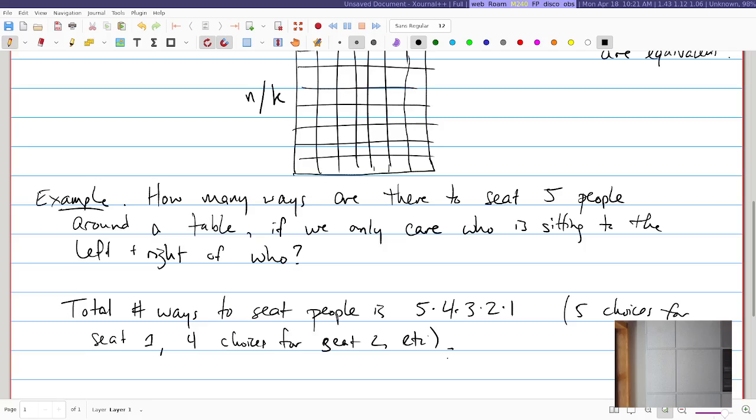We want to think of those as being the same. I could then have them move another seat to the right and sit down, and that would also be the same. In fact, I can keep doing that, and you can see that for any particular order the people are in, there are 5 different ways I could rotate them that we want to consider all the same. Does that make sense?